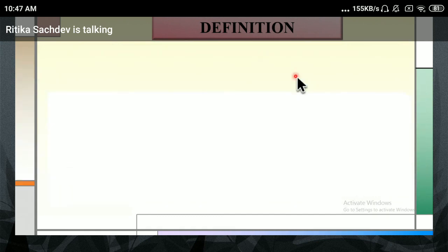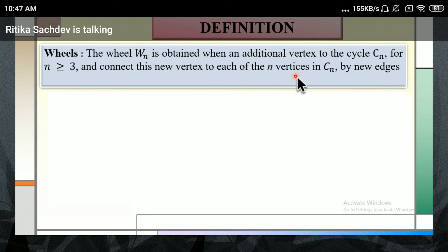Then we proceeded further with wheels. We said we are taking cycles one notch ahead. So if we take C3, in the center we add one more vertex. Now this vertex is connected to all the remaining vertices.